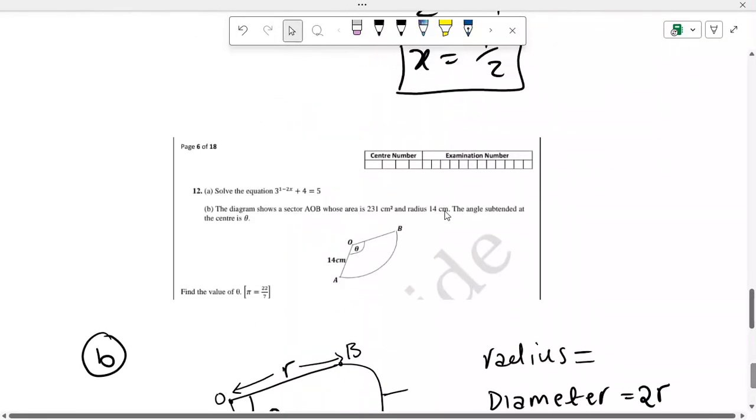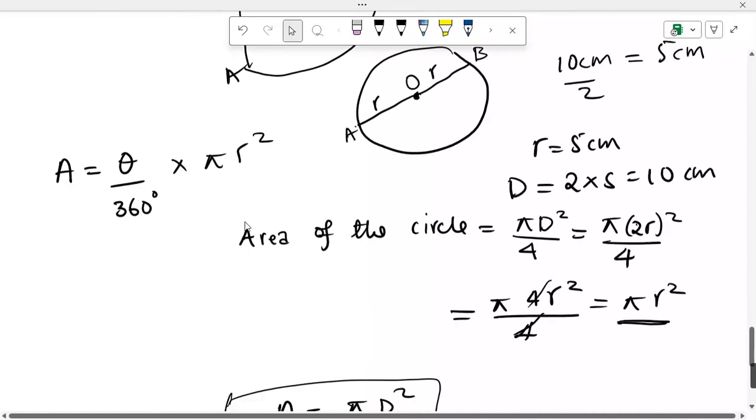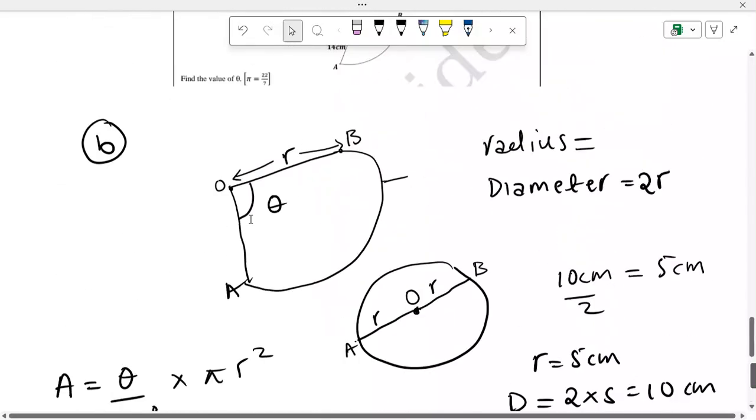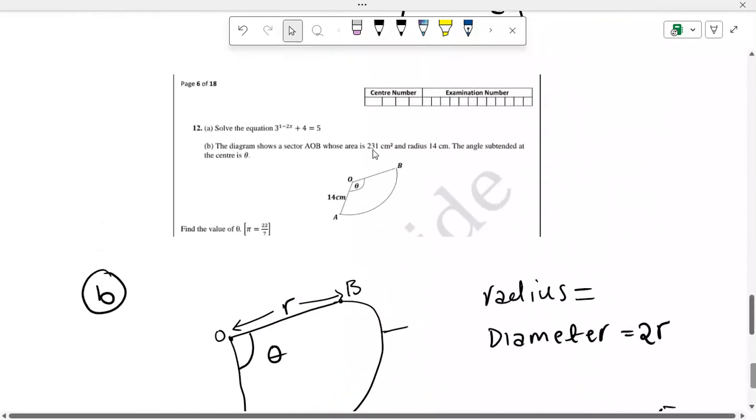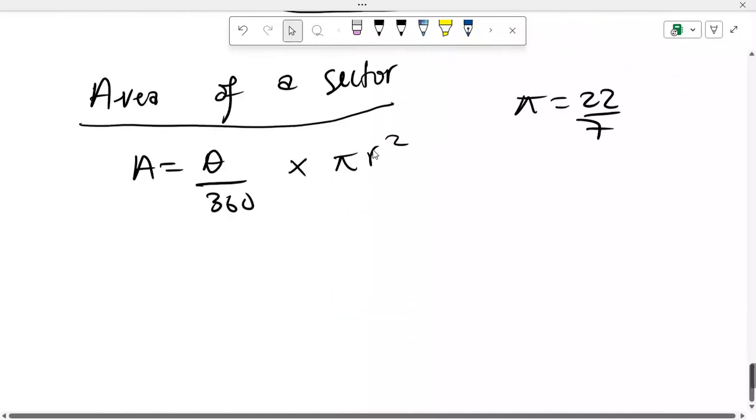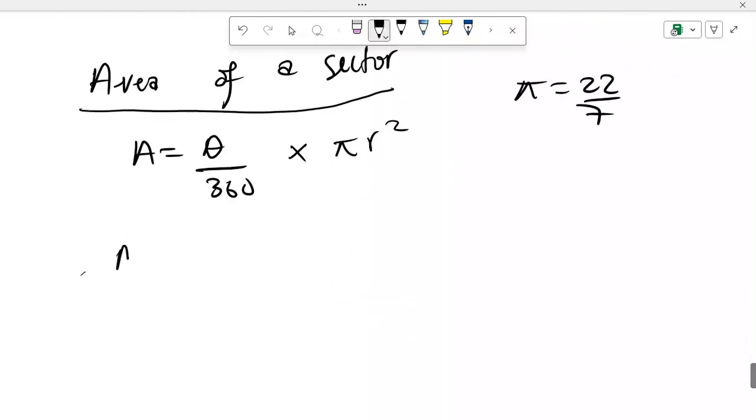We have to find the angle subtended at the center, theta. We have been given the area already: 231 centimeters squared.